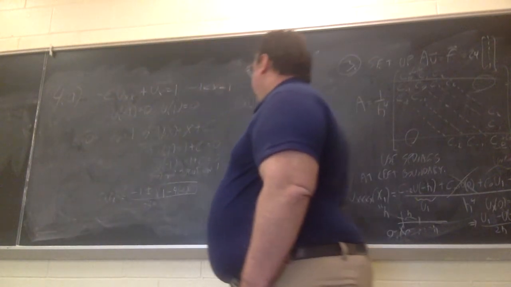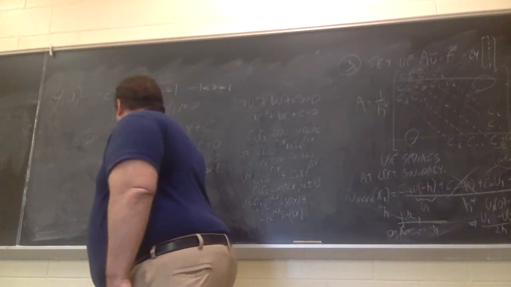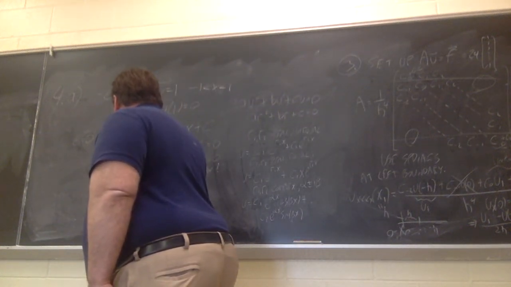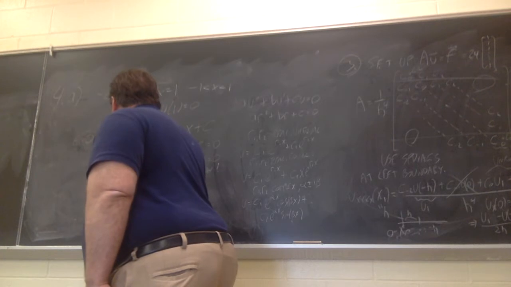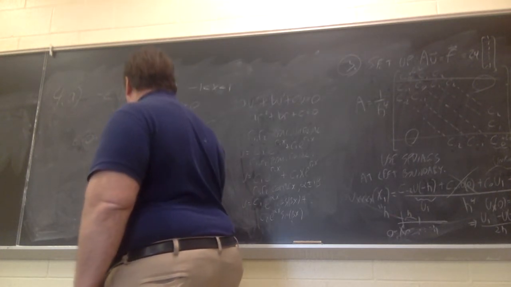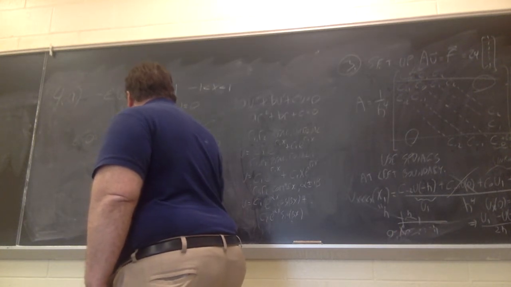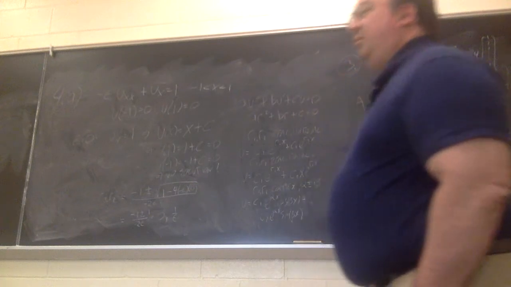Just applying the quadratic formula, we end up with minus 1 plus or minus 1 over minus 2 epsilon. So we get 0 for one root, and 1 over epsilon for the other root.